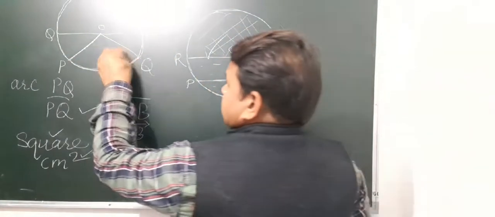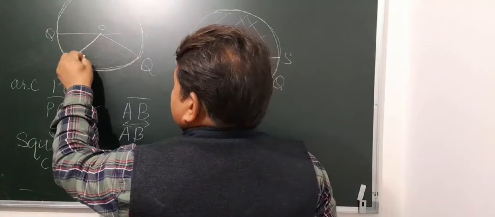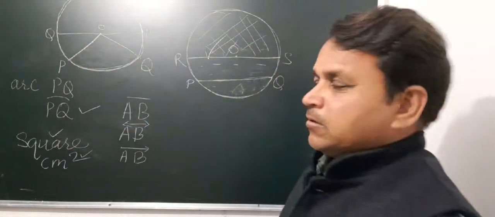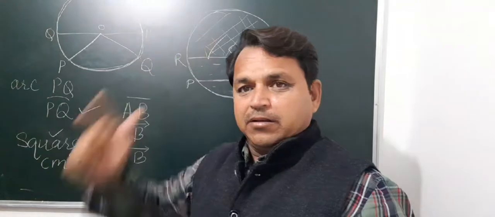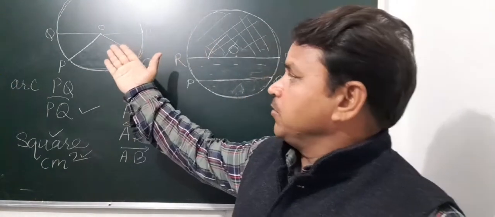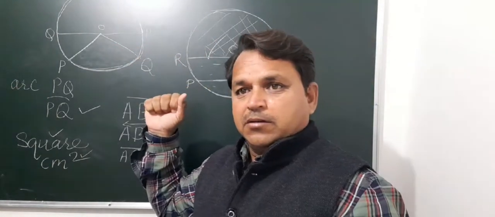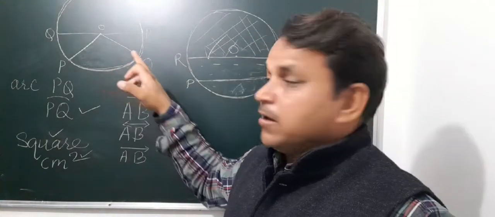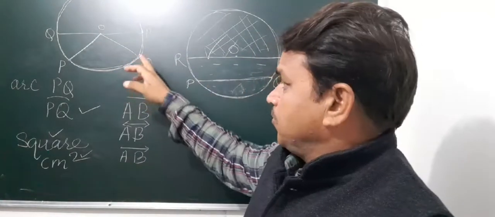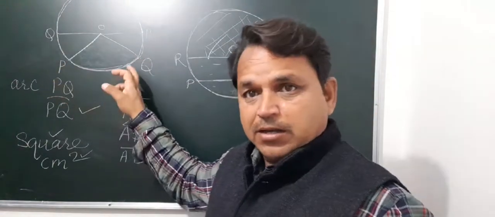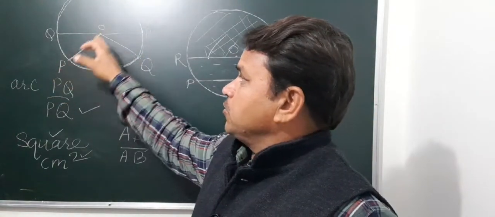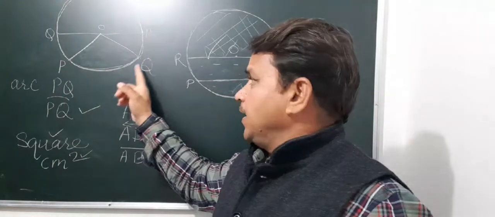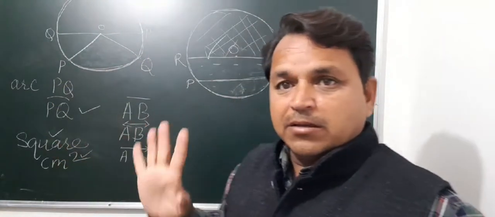This region is known as the sector of a circle. Now we have to define it. What are the necessary conditions required to make a sector? A portion of the circle, that is an arc, and the endpoints joined to the center, that means two radii and an arc are required to make a sector.